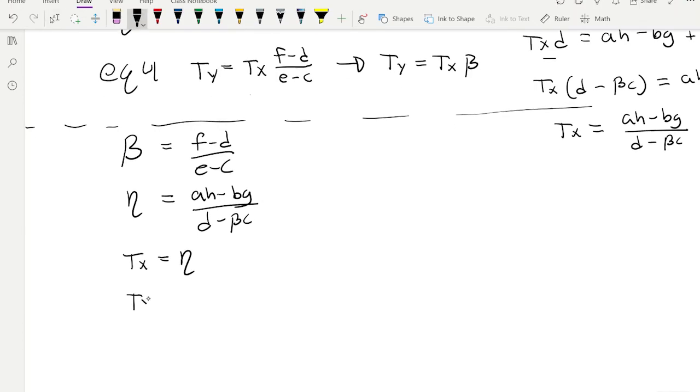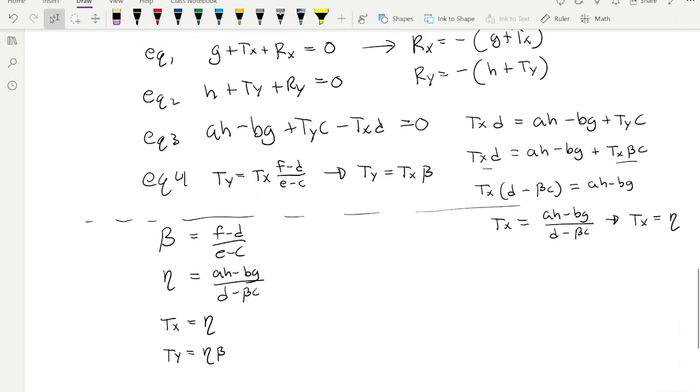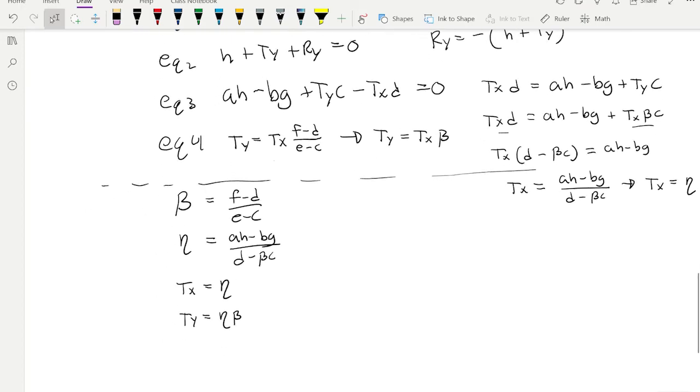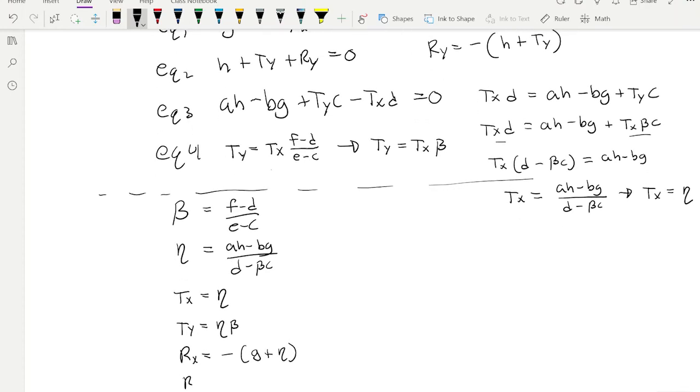Now we can write Ty equals eta beta. And then we have Rx, Ry that we need. So Rx is negative G plus eta, Ry is negative H plus eta beta. And there we go, that's our system.